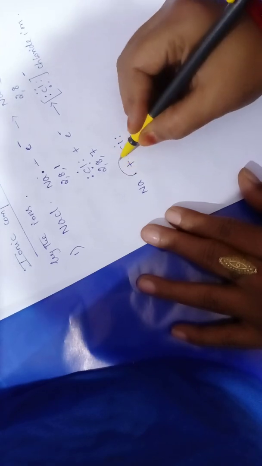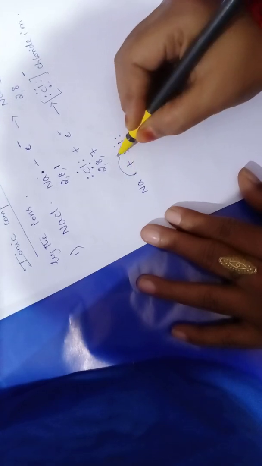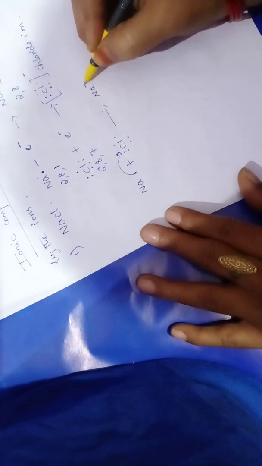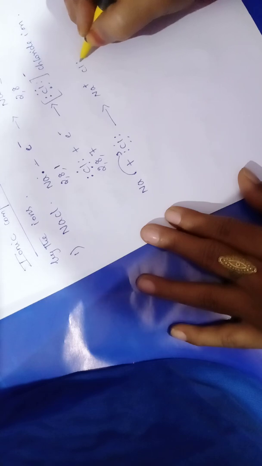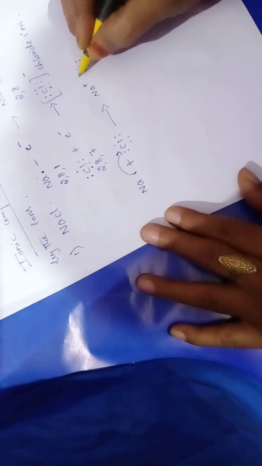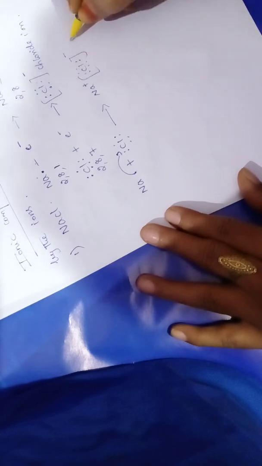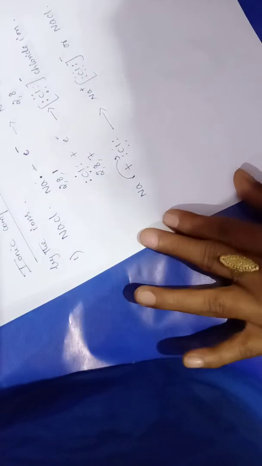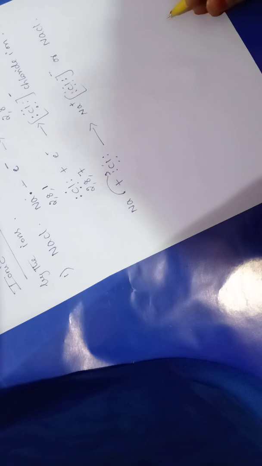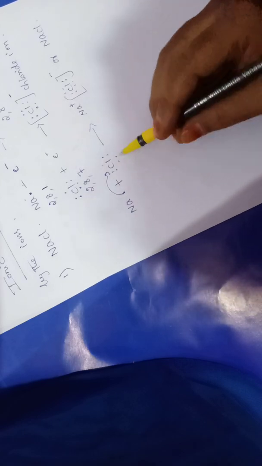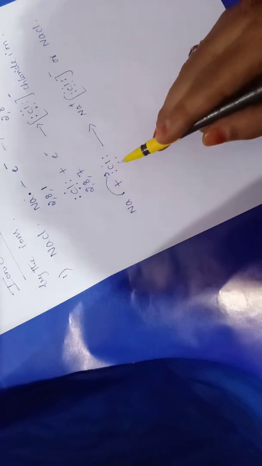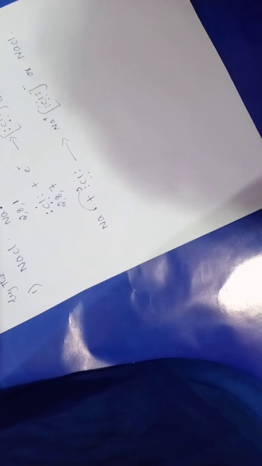So this 1 electron will go there, and so finally we will get Na+ Cl-, or also simply you can write NaCl. Clear, children? So this is the formation of NaCl. 1 electron from sodium will be given to the chlorine, and finally we will get NaCl.